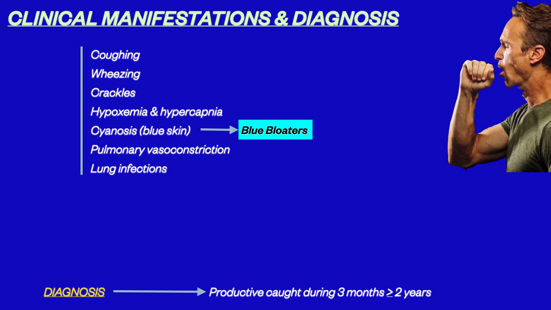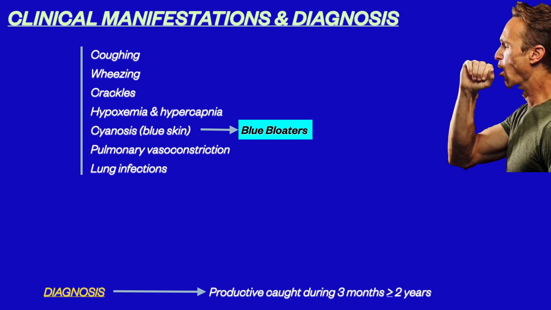This trapped CO2 in the lungs also makes it harder for the CO2 to get out of the bloodstream, which also explains the hypercapnia. The increased CO2 levels in the blood can get so bad that some people develop cyanosis, which is that blue discoloration of the skin.